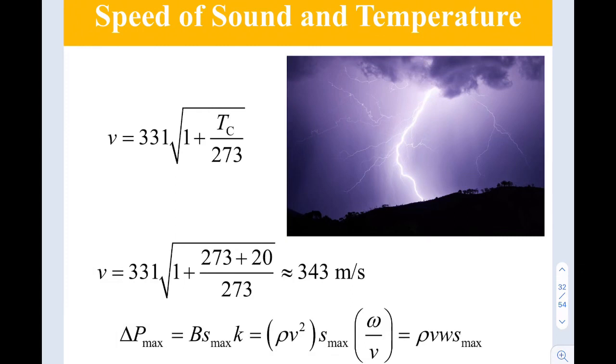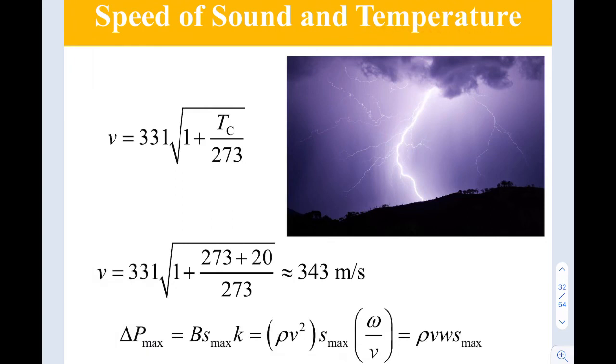Since we are talking about the speed of sound wave in gases, as we know, the molecules of the gas are very sensitive to the changes of the temperature of the surroundings.